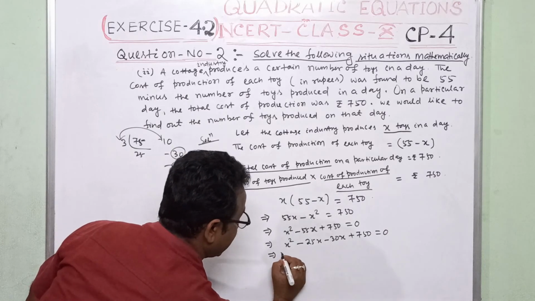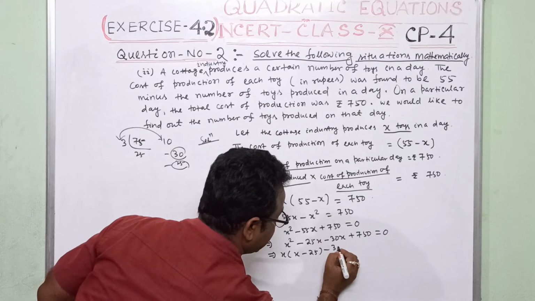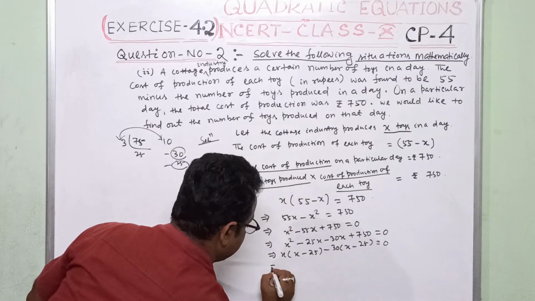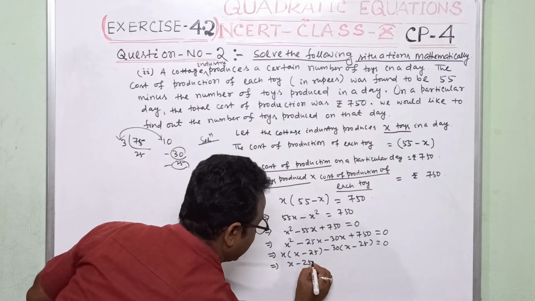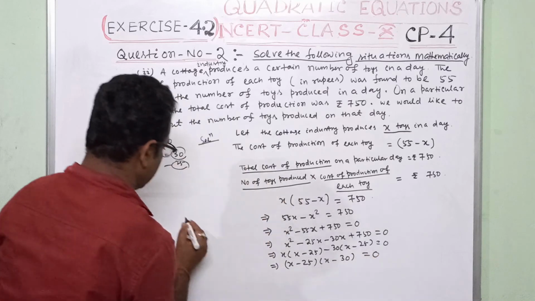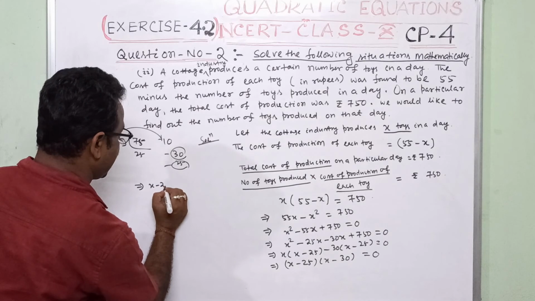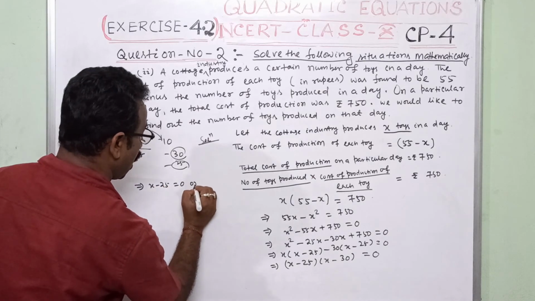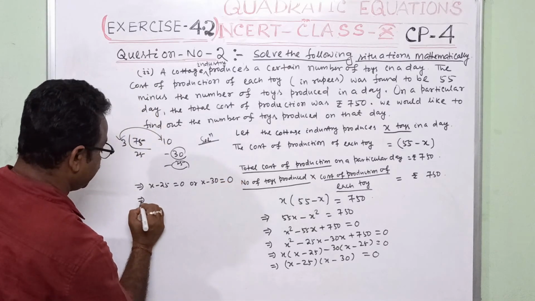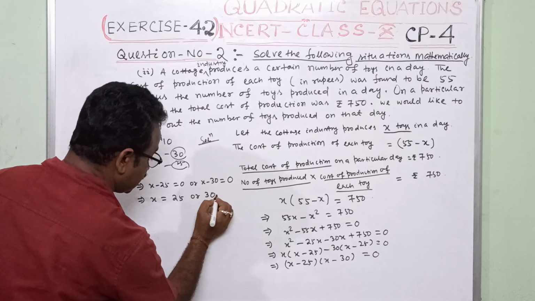That implies x minus 25 taken common, x minus 30, so x minus 25 into x minus 30 is equal to 0, which implies x minus 25 is equal to 0 or x minus 30 is equal to 0. That implies x is equal to 25 or 30.